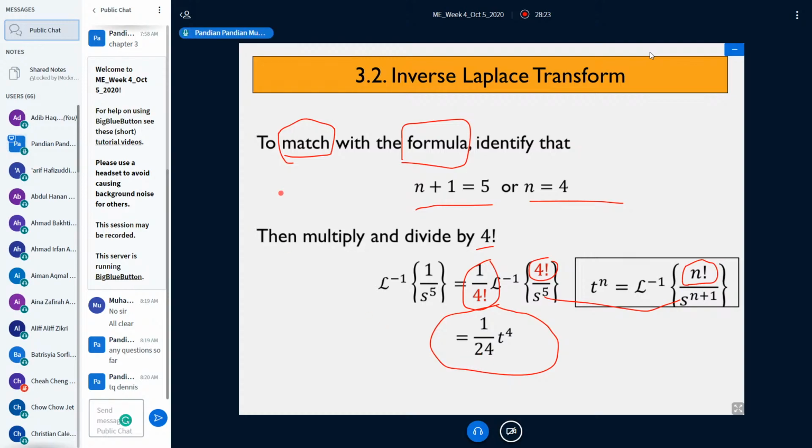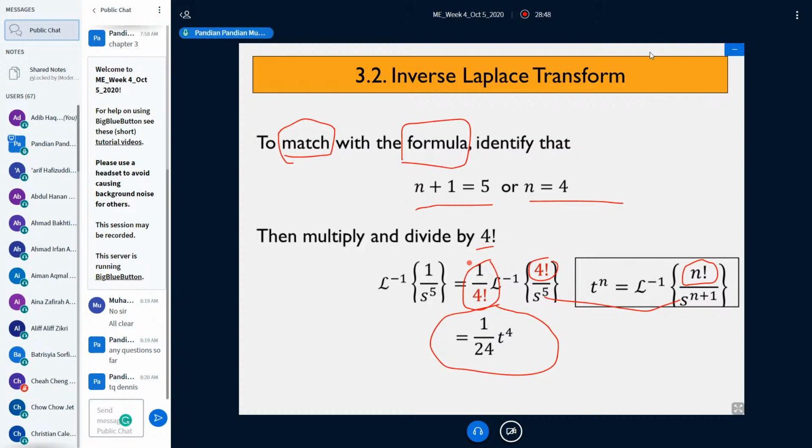So the important thing is how to match with the formula. The formula is given here, so you always use the formula. Inverse Laplace of n factorial over s^(n+1) is t^n. This formula you cannot change, but you can modify the expression. That is where your expertise comes in. How to modify?